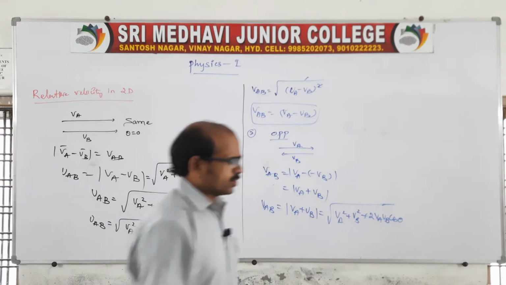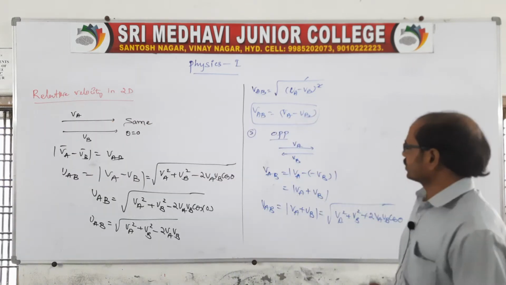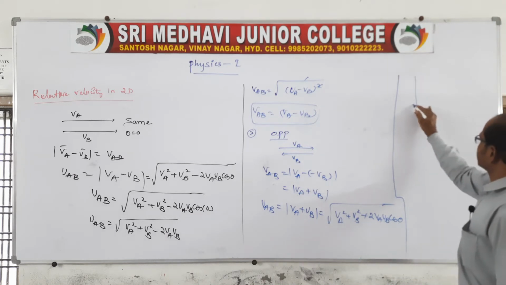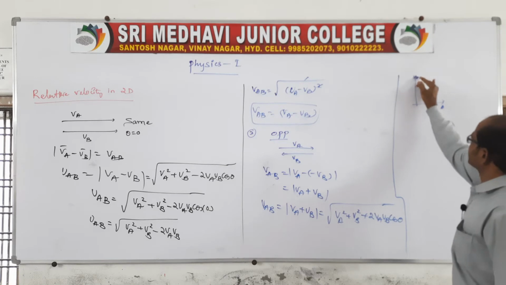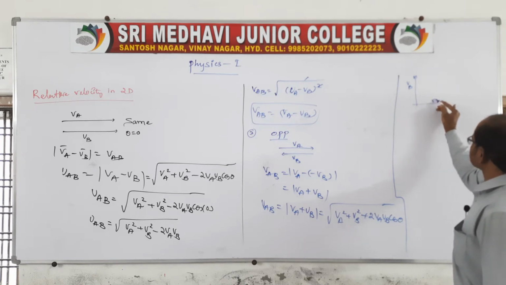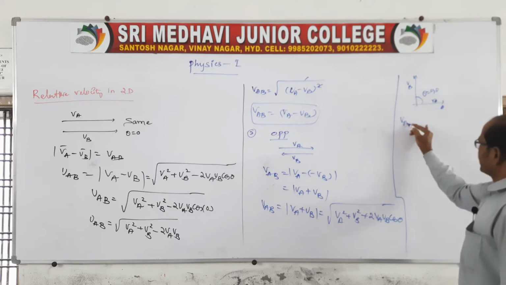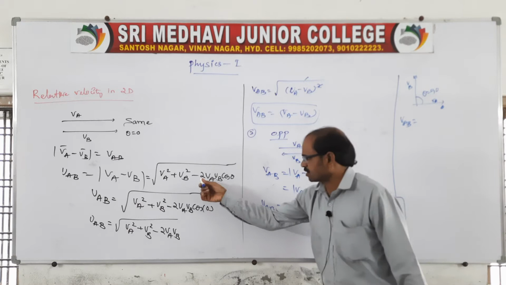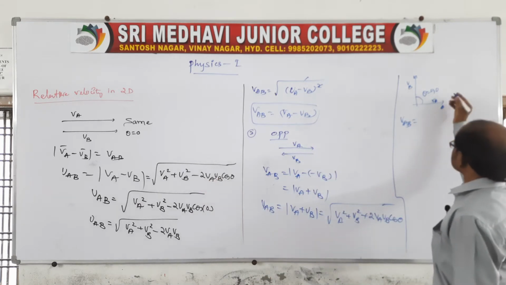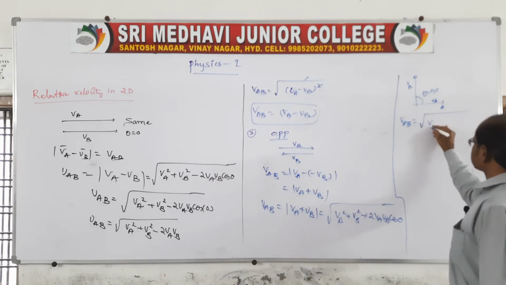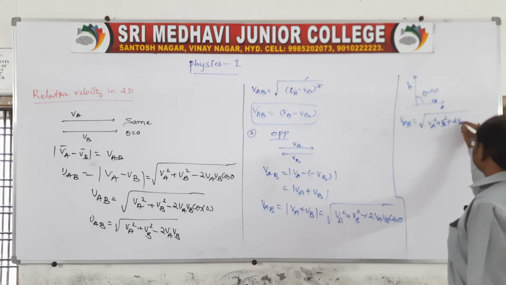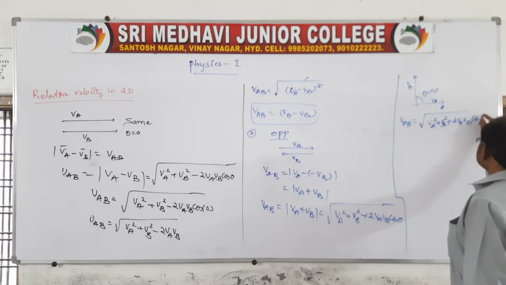And here I want to tell you about two bodies moving in perpendicular directions, A and B, so that theta is 90 degrees. A with respect to B: however, cos 90 is 0. Therefore, VA square plus VB square plus 2 VA VB cos 90.